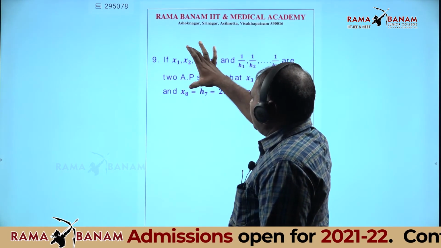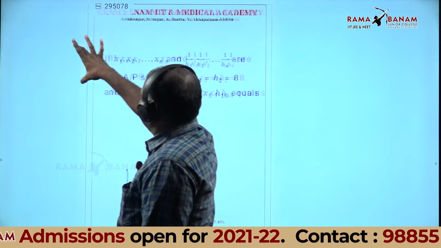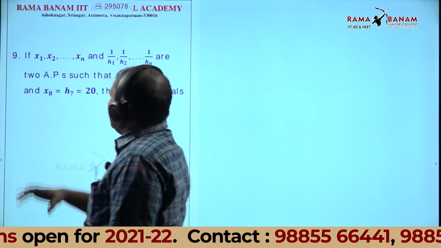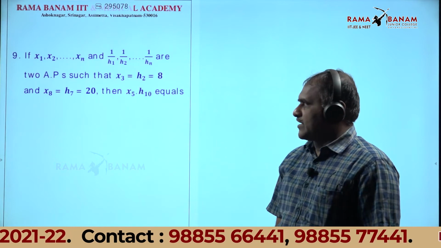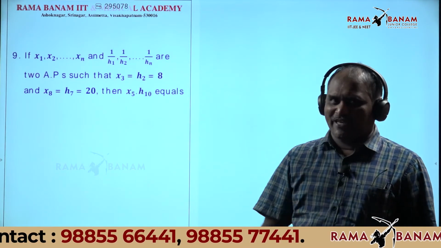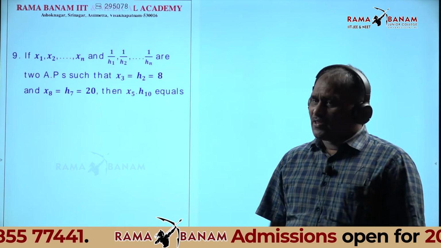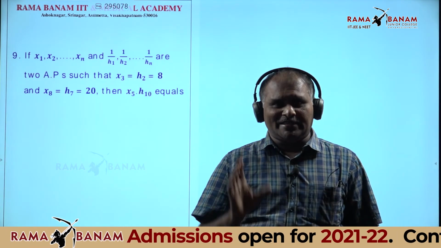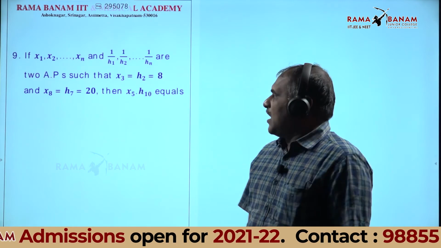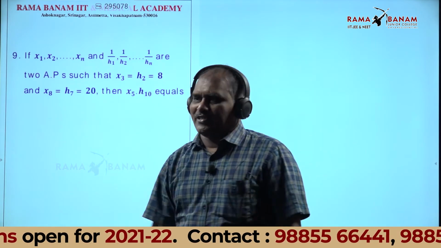Here listen, x1, x2, etc., xn, that is one series. 1 by h1, 1 by h2, 1 by hn, that is also another series. Both series are in arithmetic progression.